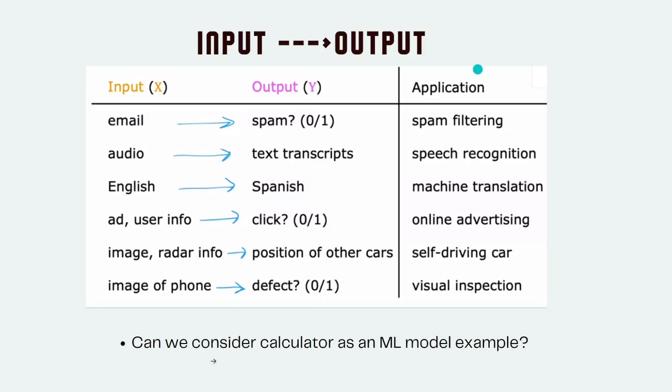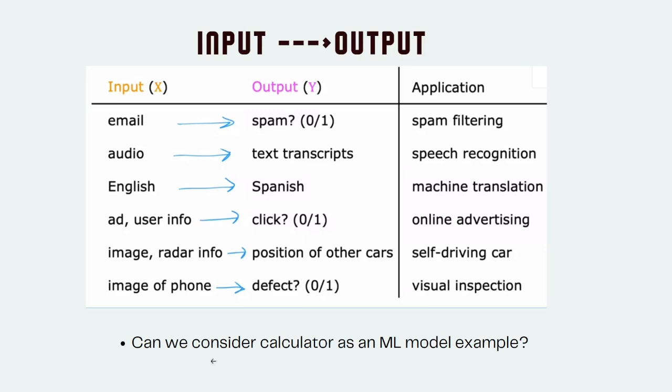Then you can give your audio, and it will convert to text transcription, which is speech recognition. Suppose you are in a different country and you don't know Spanish, so you say some words in English, and machine translation translates them into Spanish.